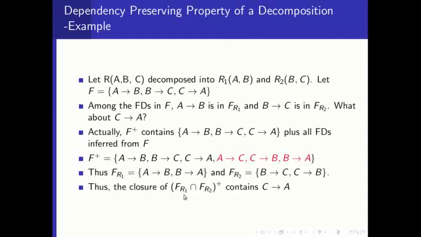Also, you cannot have an FD with an attribute which is not in this R1 set. That is not possible, but it should be taken from the closure set, not from the F set. If you take the union, this is not intersection, it is union. Only then can you say whether the dependency preserving property is satisfied or not.